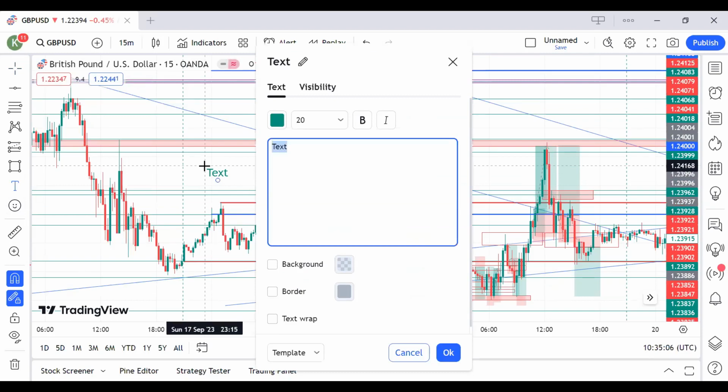First one is you're going to observe the trend. Second one is you're going to observe the pattern. Third one is you're going to look at the psychological level. Fourth one is you're going to look at the price action.